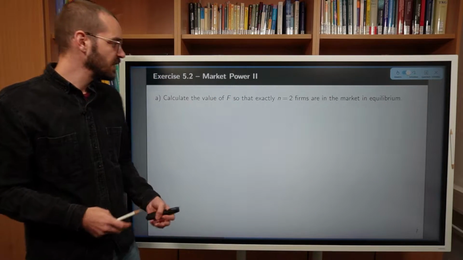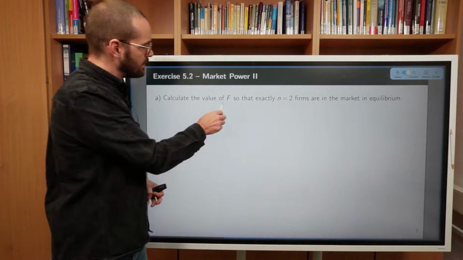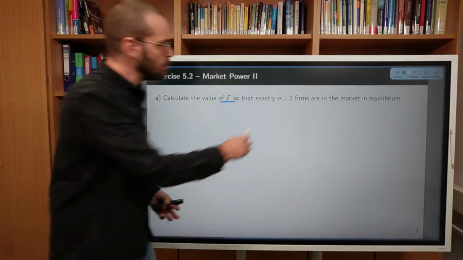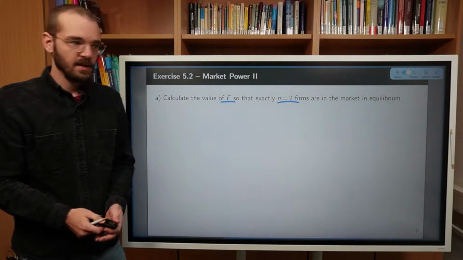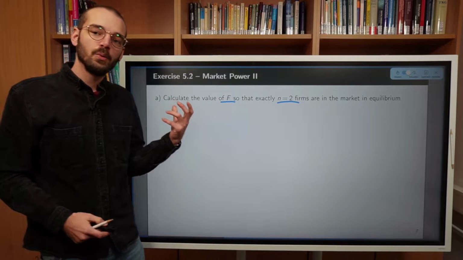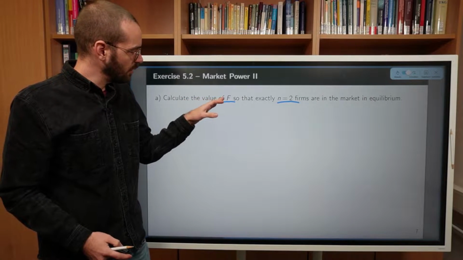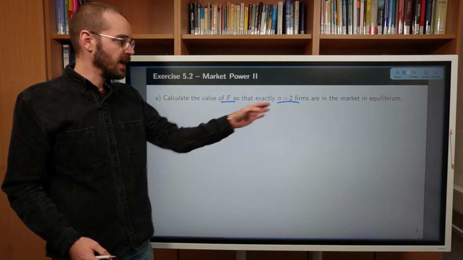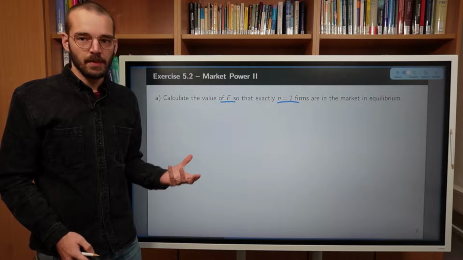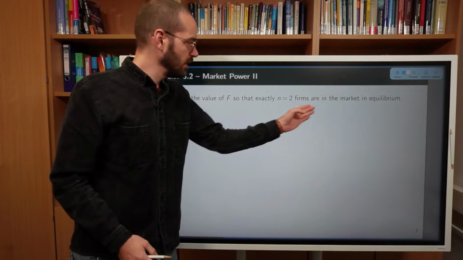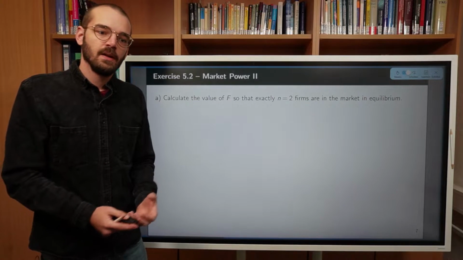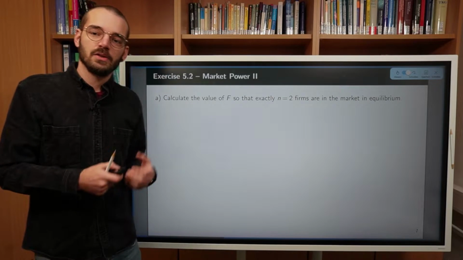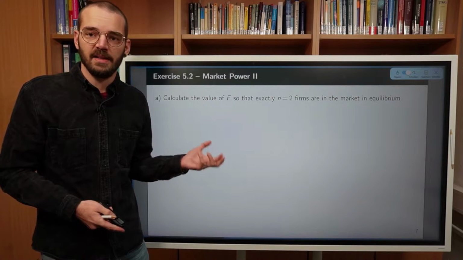Let's consider any parameter f for the fixed costs and assume that there are two firms in the market in equilibrium. What value would the fixed costs need to take in order for n equal 2 to be the actual market equilibrium? So for a given number of firms in the market, what fixed costs are needed in order to make this the actual market equilibrium?